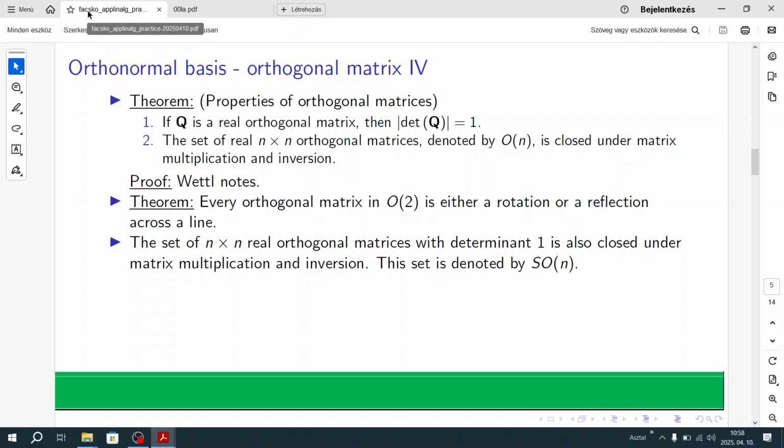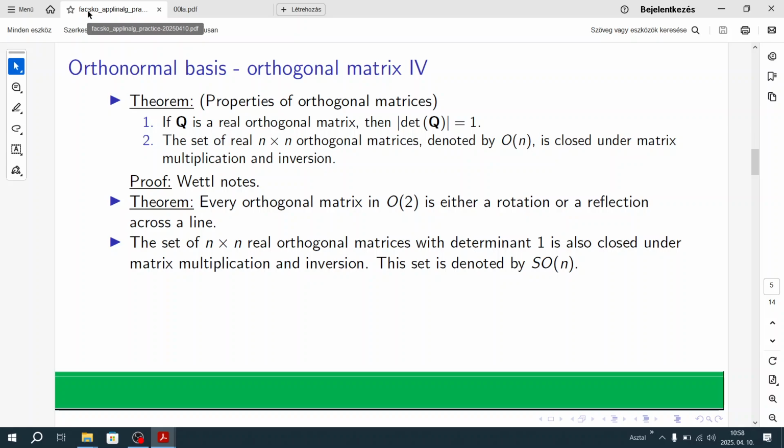Now, you see this. What was just mentioned means the following: the orthogonal matrices do not change the length of the vector. Great. What does it do? The rotational transformations and the mirror transformations.